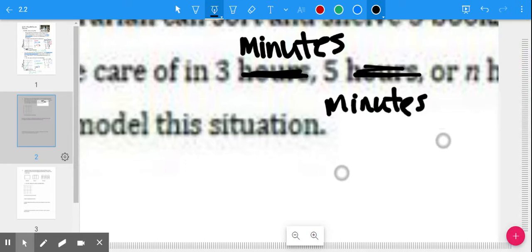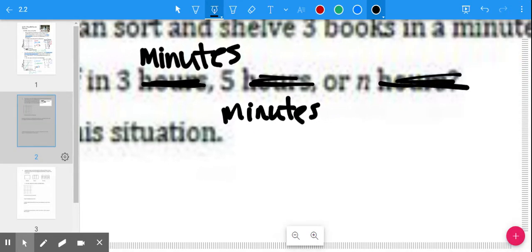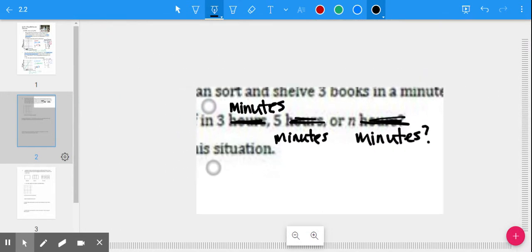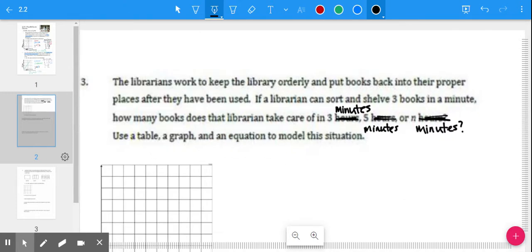We're going to change hours to minutes. Because this one is very much like the ones on the front page, I'm not going to walk you guys through this. I want you guys using this as an opportunity to practice this one and then check your answer for it on Canvas.